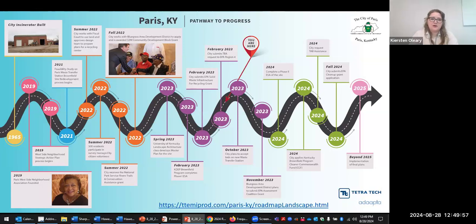That's a big component of these applications, making sure that you keep the community informed and that they have a voice in the path forward. You'll see this says Pathway to Progress. So this is an interactive tool that lets community members know where they're at in the process of addressing the issues that have historically been there and that they've been dealing with.